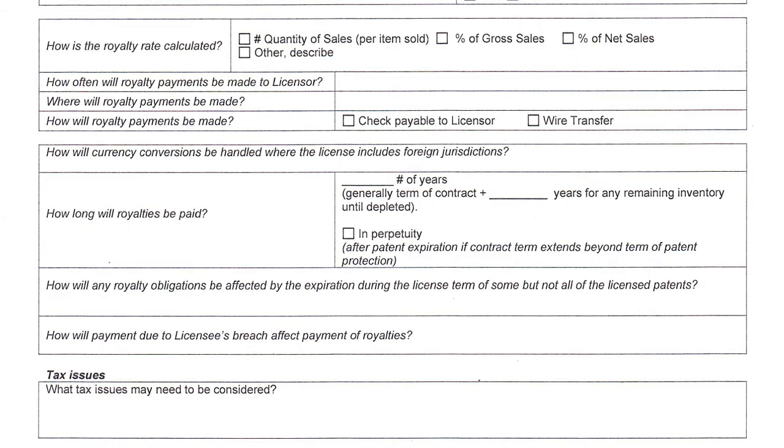Royalty rate calculations, those can be based off so many different ways. Some of the most common ones I've described here are quantity of sales, you know, how many items are actually sold, gross sales, net sales. Don't assume that what you think net sales means is the same thing that net sales means to them.